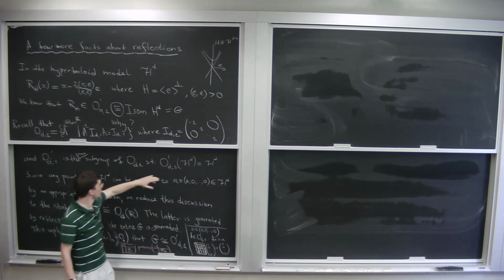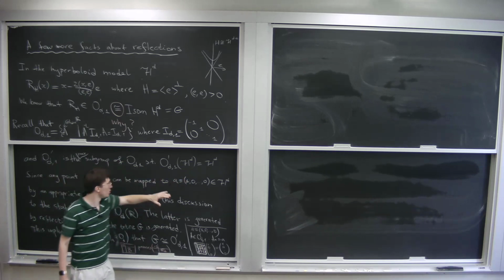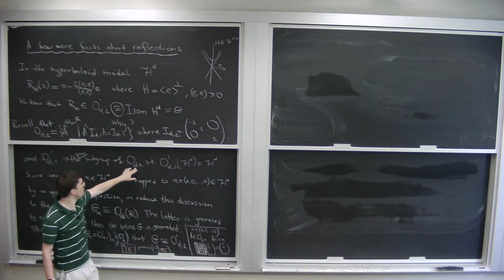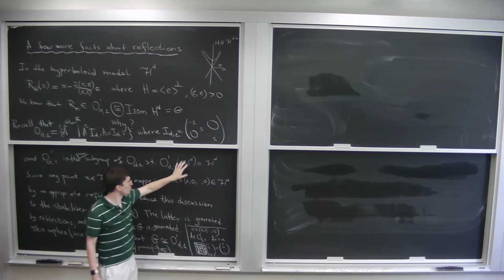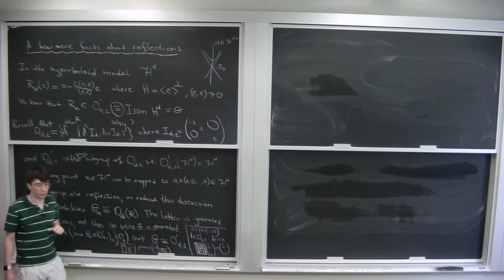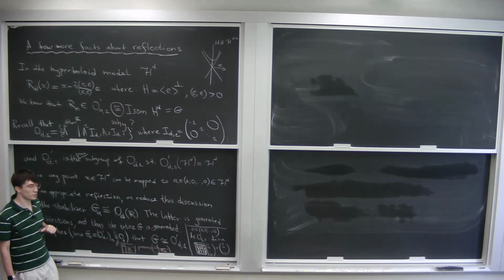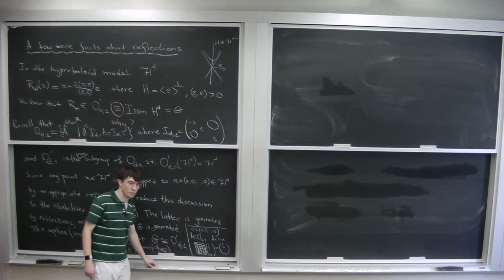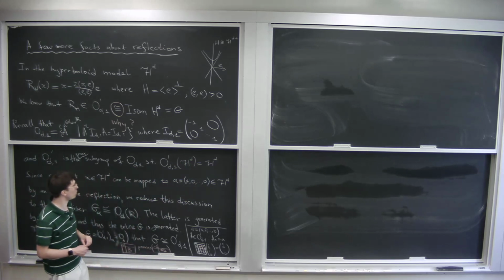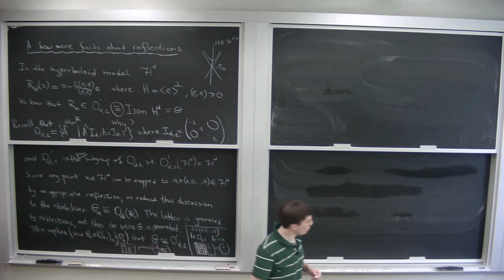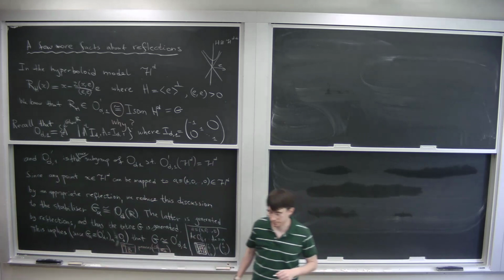For odd dimensions, the isometry v to minus v doesn't preserve H^d, but it belongs to SO(d,1), since if d plus 1 is even, then the minus identity matrix has determinant plus 1.